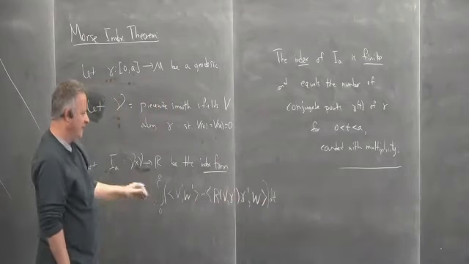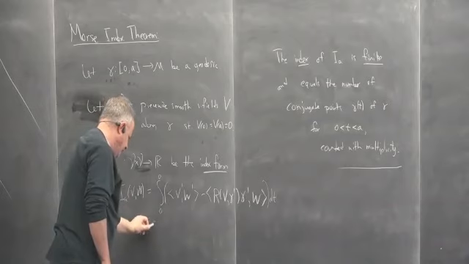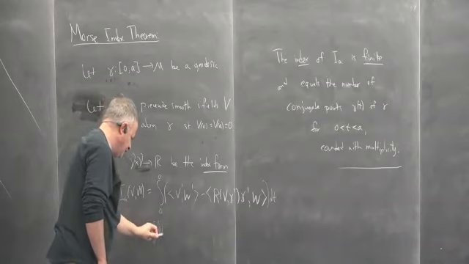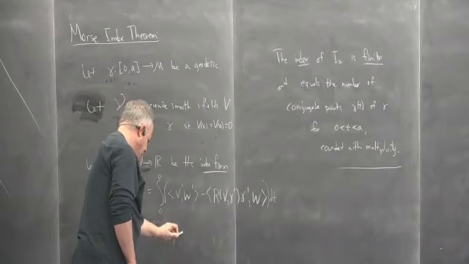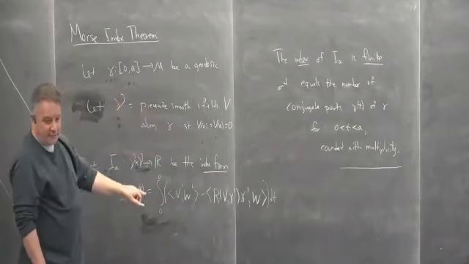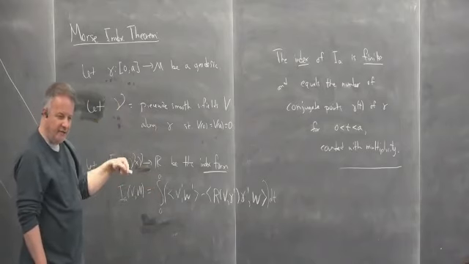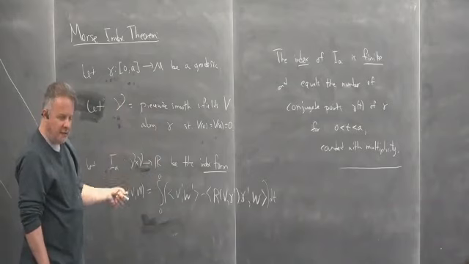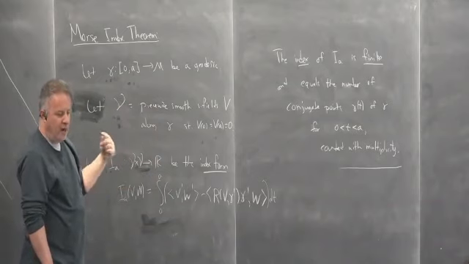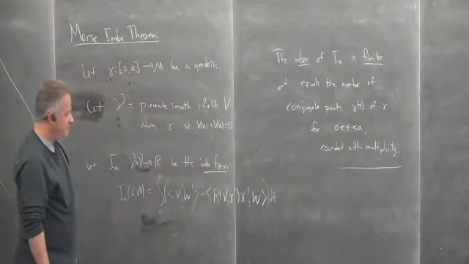And this is equal to the E double prime of 0. If you set V equal to W, you get a quadratic form, and that quadratic form is exactly the second variation of energy at time 0 for proper variations, right? These vector fields are 0 at the endpoints.